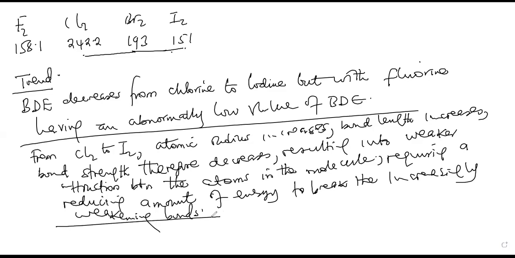So if the bonds are increasingly weakening, then they require small amounts of energy to be broken. But you want to know, why is fluorine having a low bond dissociation energy?